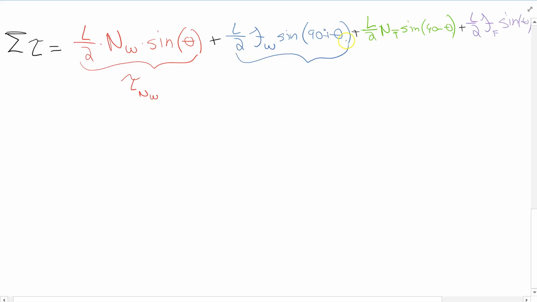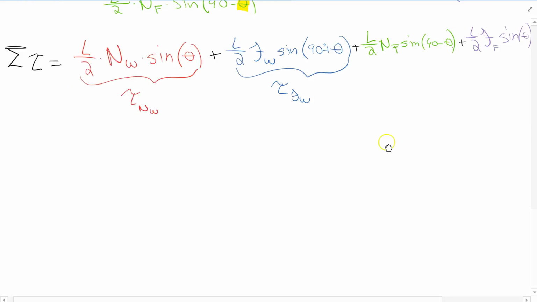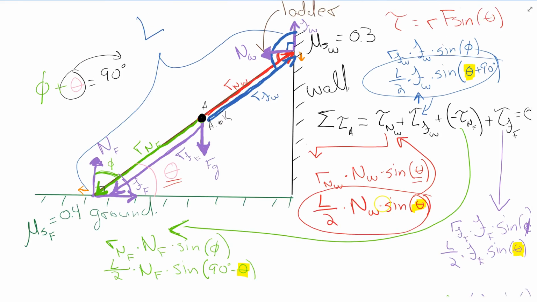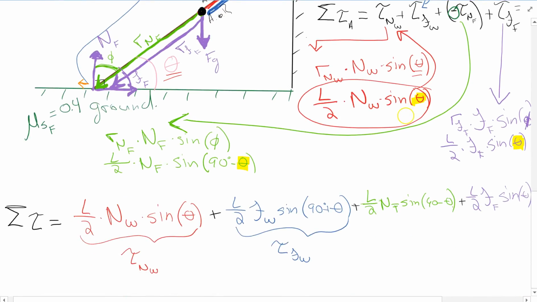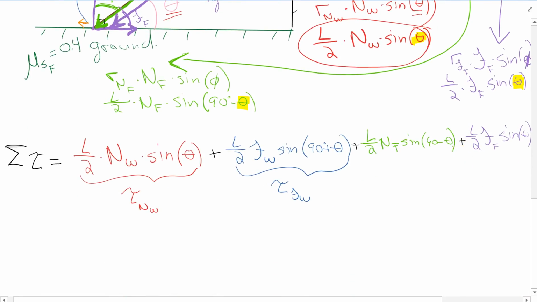This term came from the torque from the friction force of the wall. One thing that I'm noticing that I'm missing is that, if we look up a little bit, the torque from the normal force from the floor should be negative. So this sign right here should be a negative sign.